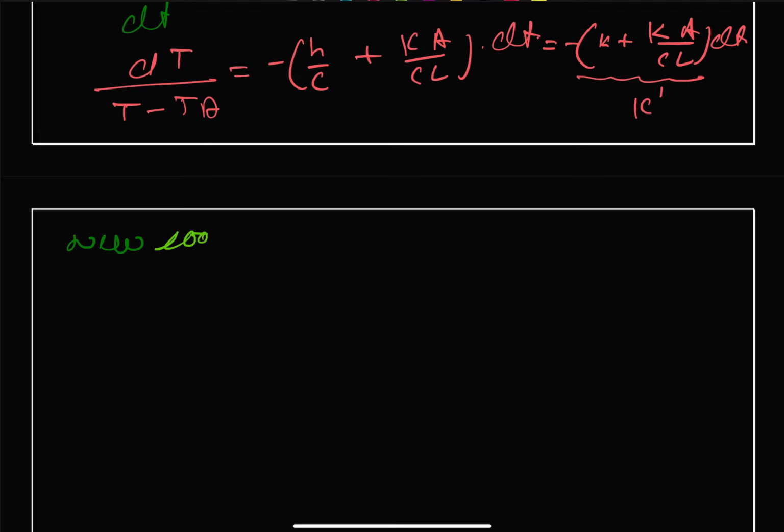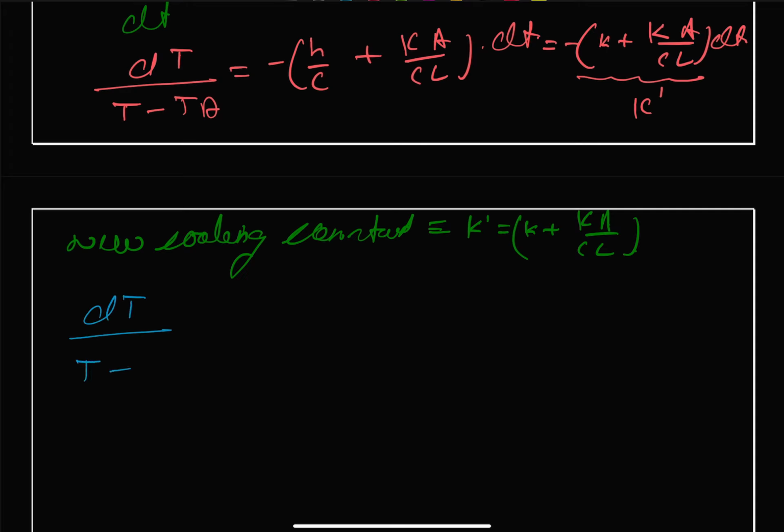Let us suppose that K prime will be equal to small k plus capital K A upon C L. Therefore, our equation becomes dT upon T minus Ta is equal to minus K prime times dt. Now we simply integrate it.